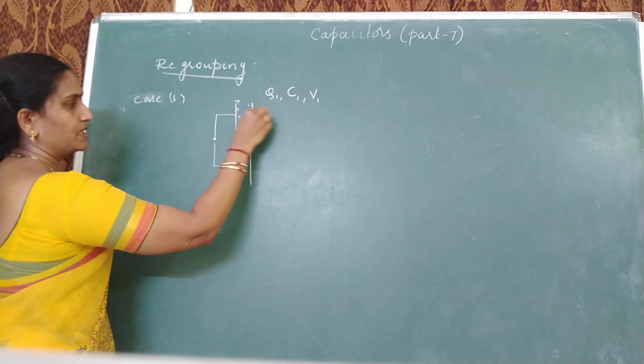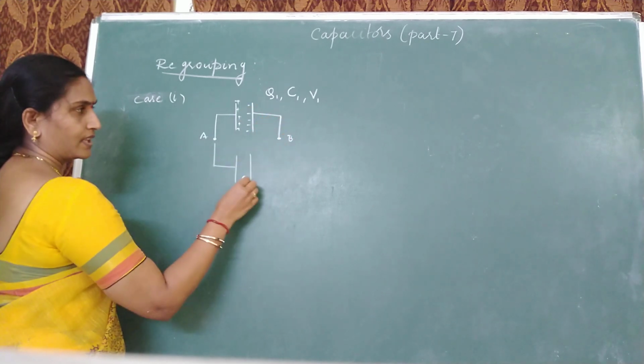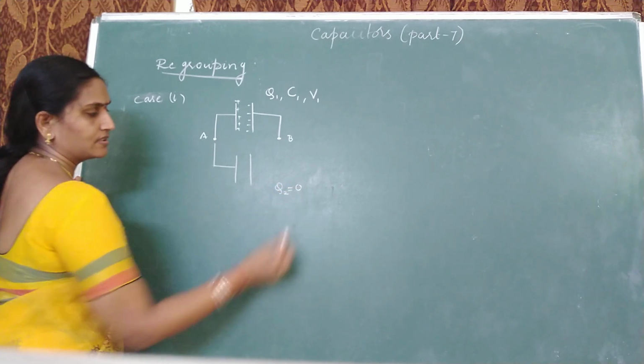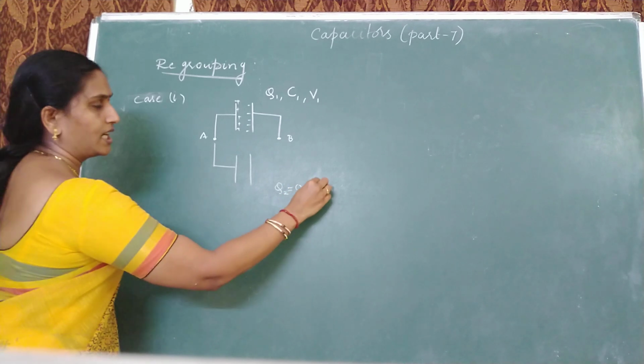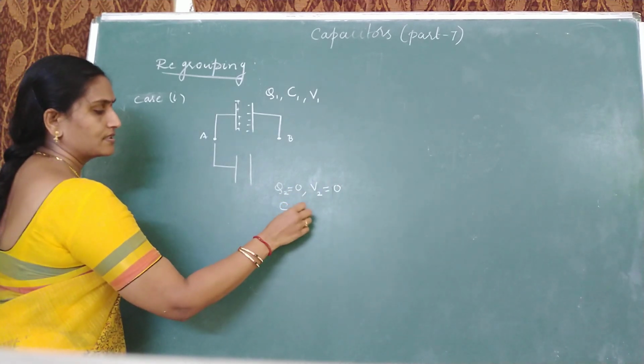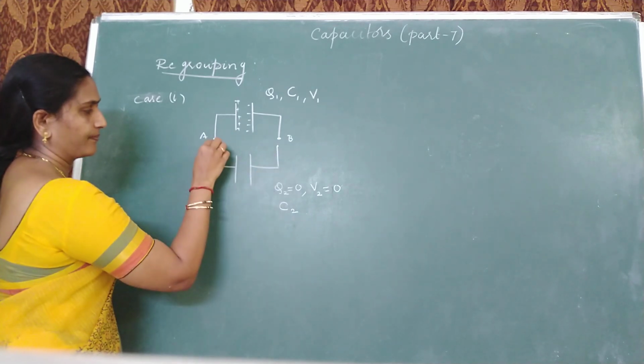I will label these terminals as X and Y or A and B. This is an uncharged capacitor. What is the charge on the second capacitor? 0. No charge, no potential, but its capacitance is C2. So this is your second capacitor.